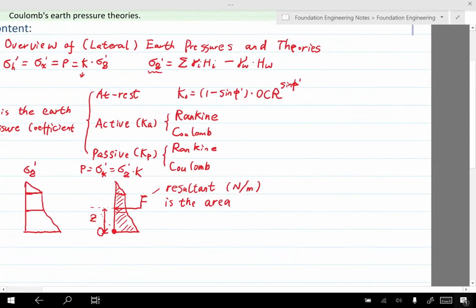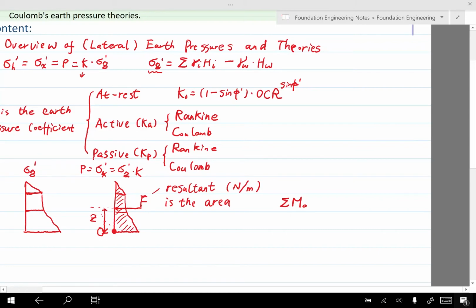Z can be obtained in this way. We know that the F is the resultant of all the pressures. So the moment caused by the pressures should be equal to the moment caused by the resultant of the pressures. That is, let's just say that the moment of the pressures, we use a summation sign because we need to calculate, in this case, the moment about point O. So we used M sub O to represent it.